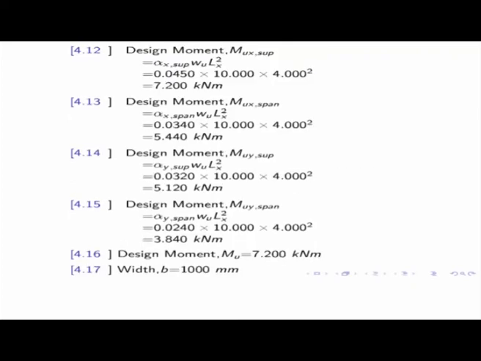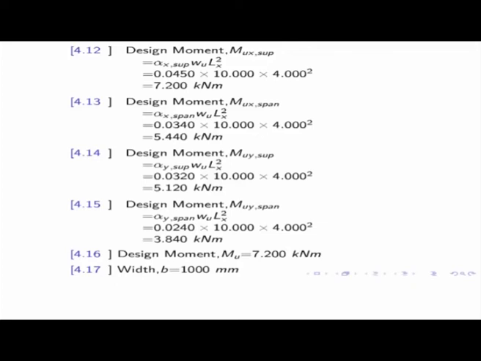For 4.12 to 4.15 you can see that I have chosen the maximum, 7.2, because for that only I shall provide the depth of the slab. I cannot change the depth of the slab from one location to another.